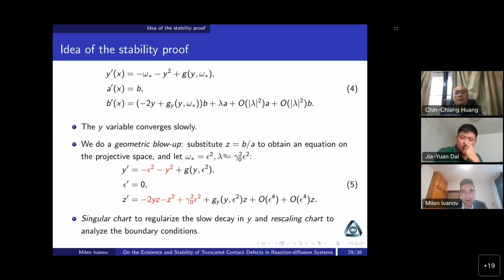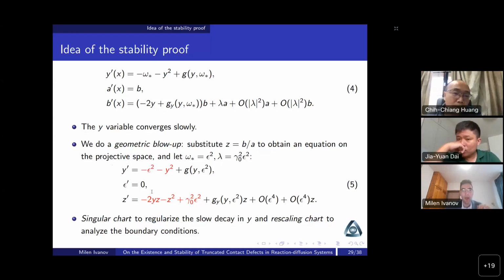which is, so we can make the projective substitution V is B over A, sometimes called the Riccati substitution, to obtain an equation on the projective space. And let omega star be, I need some rescaling, epsilon squared, and lambda be epsilon squared times the parameter. So after this rescaling, I'll have such an equation. Omega star became epsilon squared.